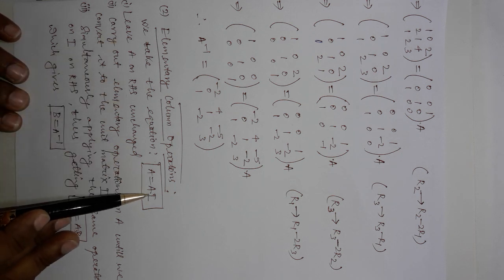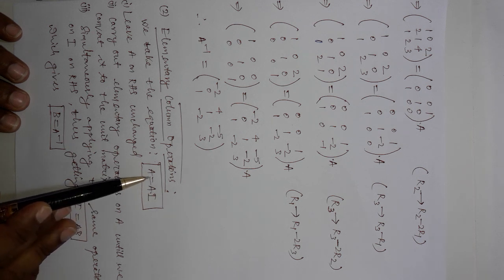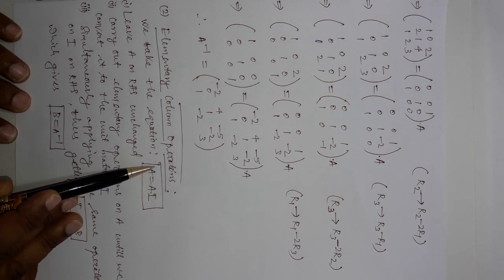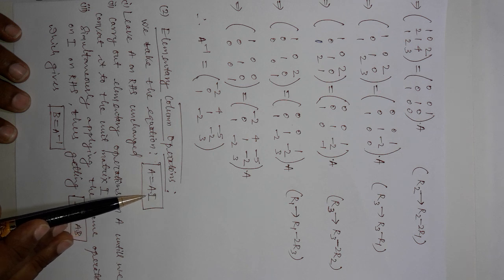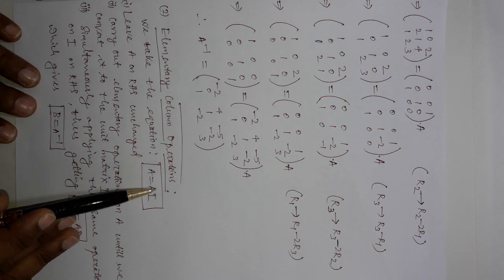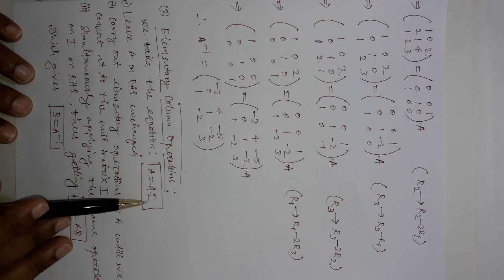We will keep the right hand side A matrix unchanged, and will work on the elements of the left hand side A matrix and the right hand side post factor I matrix. On this left side A matrix and right side I matrix, as before, we will apply elementary column operations.